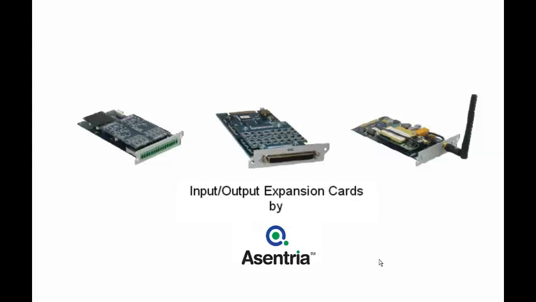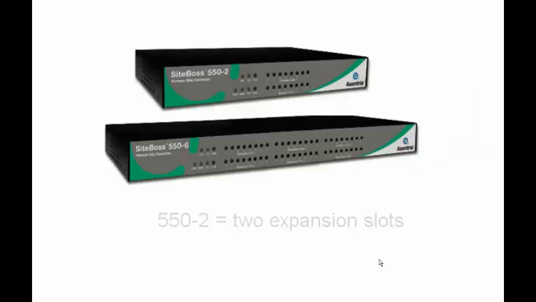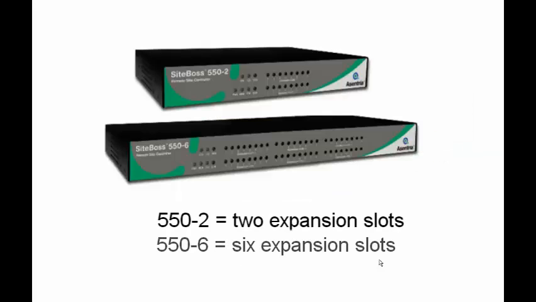Asentria manufactures a wide variety of I/O and communication expansion cards for these products, which will be examined more closely in another video. Because some applications require more I/O than others, both the 530 and the 550 products come in 2 sizes. The 550-2 has 2 expansion slots and the 550-6 has 6 expansion slots. This is the same for the 530 model as well.